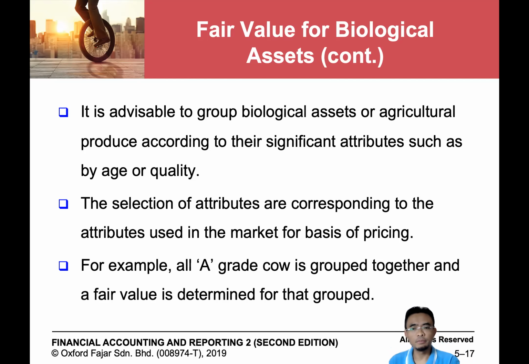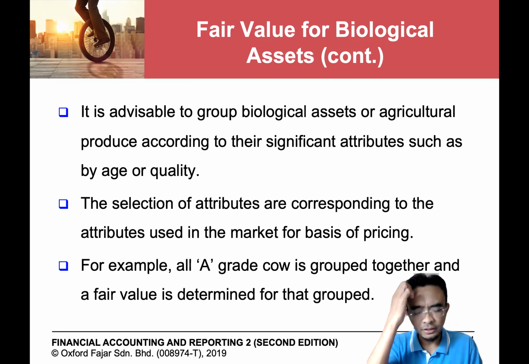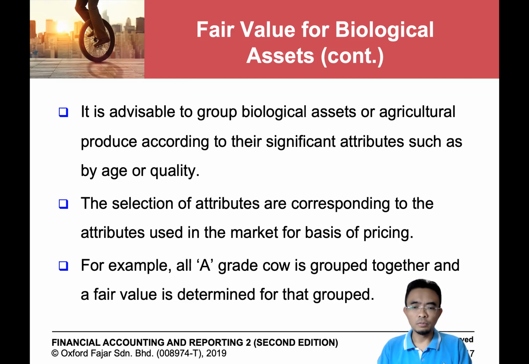The selection of attributes corresponds to the attributes used in the market as the basis of pricing. For example, all A grade cows are grouped together and a fair value is determined for that group. So we group by quality, for example, or by age.